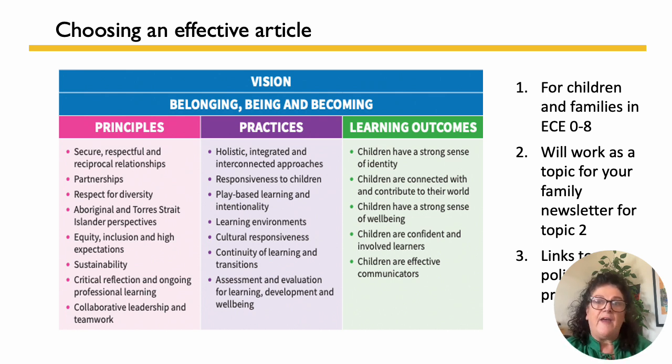For example, families who often migrate to Australia, or even second generation migration families, often struggle with knowing whether they should speak in English or in their first or second language with children. And research shows that it's really helpful if children grow up in bilingual or trilingual households, because they're learning all sorts of aspects of language.